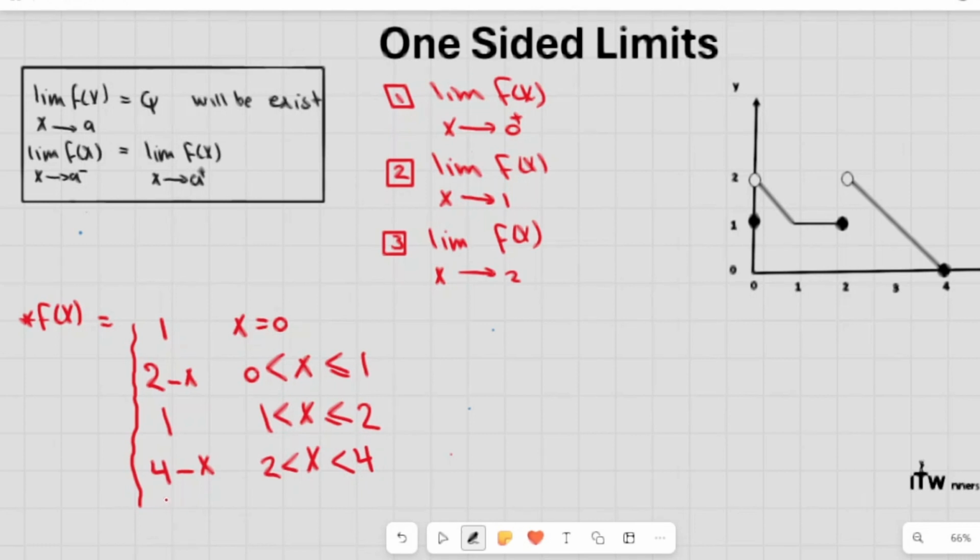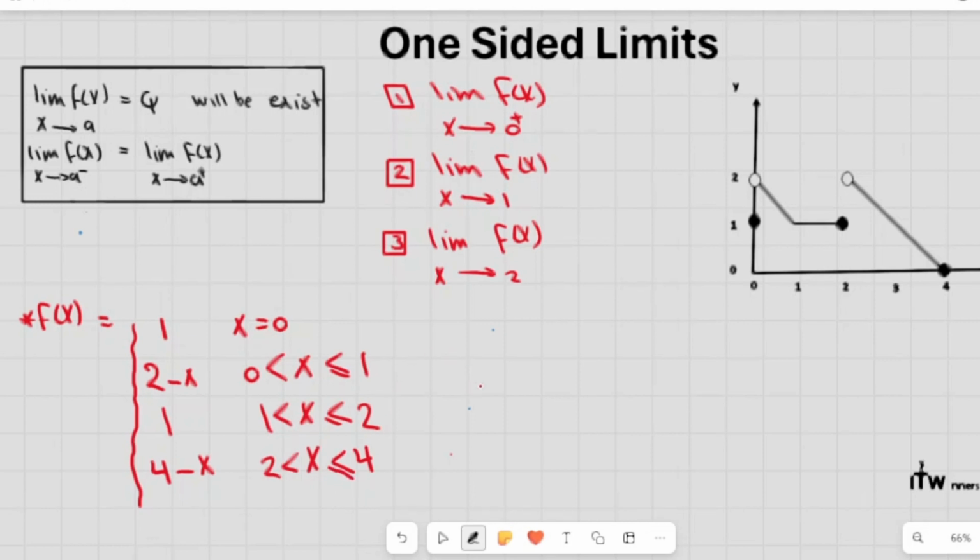Again, f of x will be equal to 0 when x equals 4. So we can define this here.